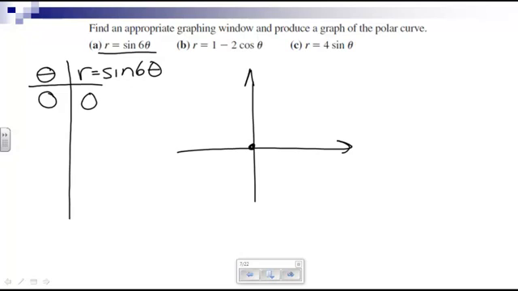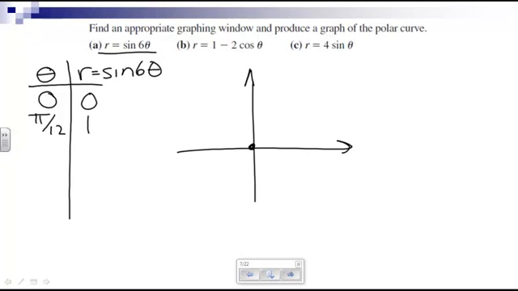Now I'm going to throw out an unusual value for theta, but I've done this problem before, so I have a little insight. What happens at pi over 12? It'd be the sine of pi over 2, and the value of sine of pi over 2 is 1.